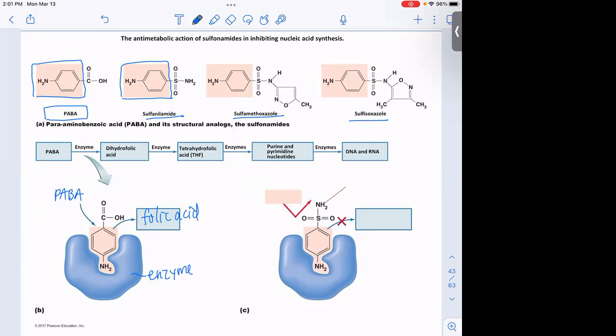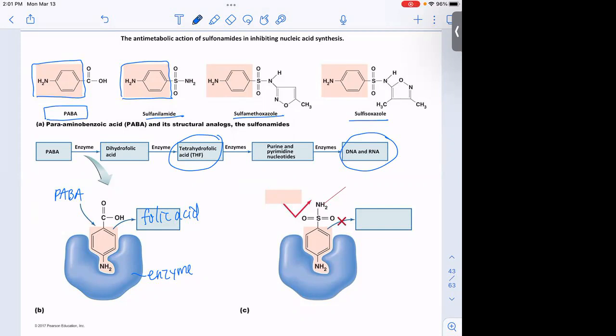And what's the so what about folic acid? Why do bacteria need folic acid? Well, here they show it right here. That folic acid is necessary in order to make DNA and RNA. Folic acid is a necessary coenzyme, so it has to bind to some of the enzymes that are necessary for replication and transcription, and lots of other things just happen better during replication and transcription when folic acid is present.